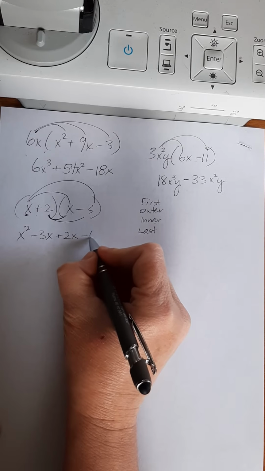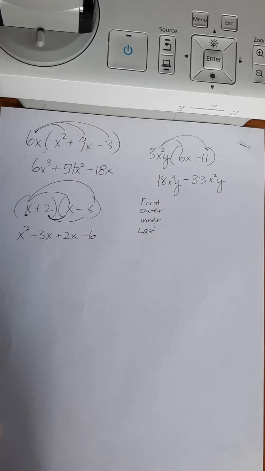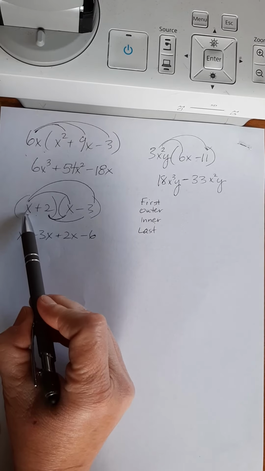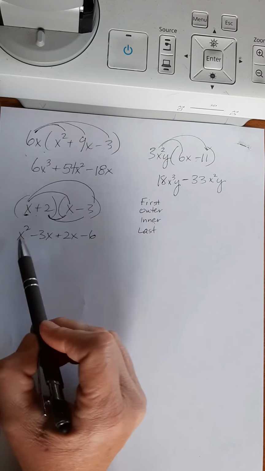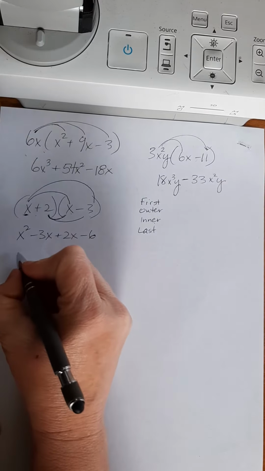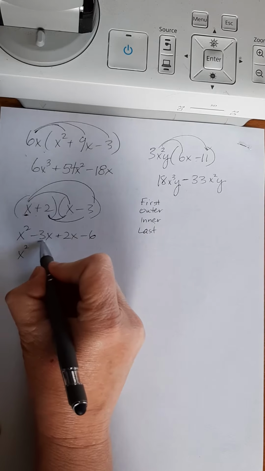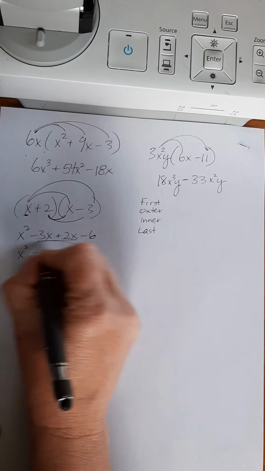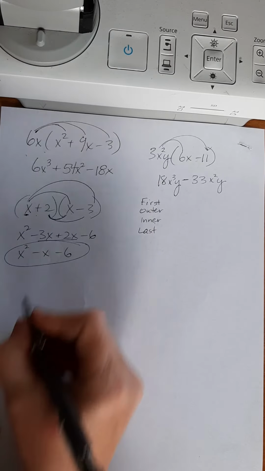Last, -6. So notice how basically where this comes from, you're just distributing your first one to both, distributing your second to both. Simplify what you can. -3x and +2x, -x, -6.